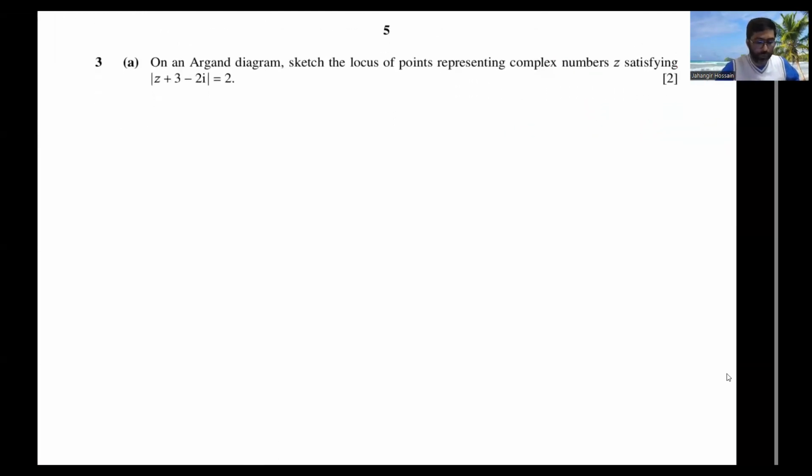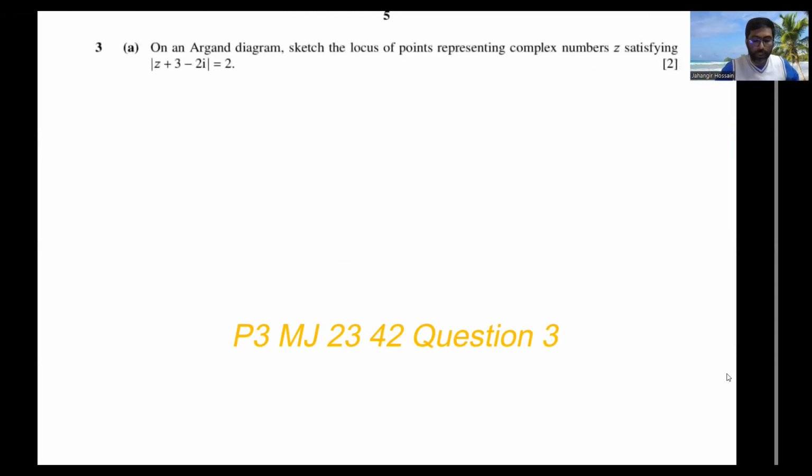In question 3, you have to sketch the locus of the points representing the complex numbers z satisfying this equation on an Argand diagram, that is the modulus of z plus 3 minus 2i is equal to 2. That's part A. So let's draw the axes first.